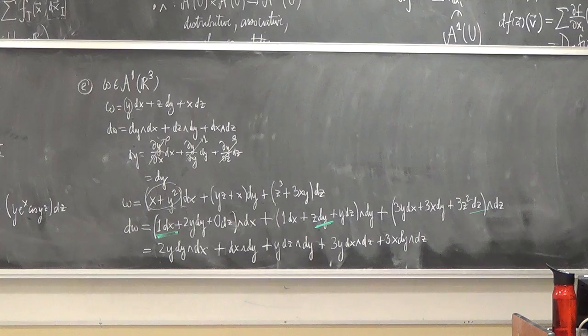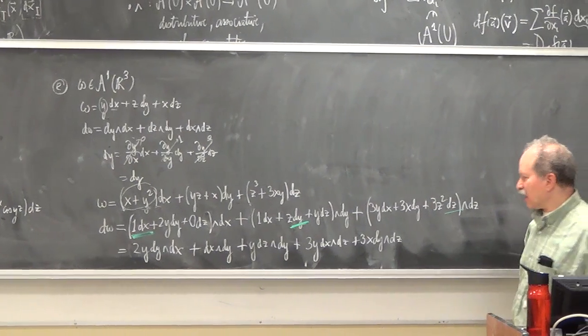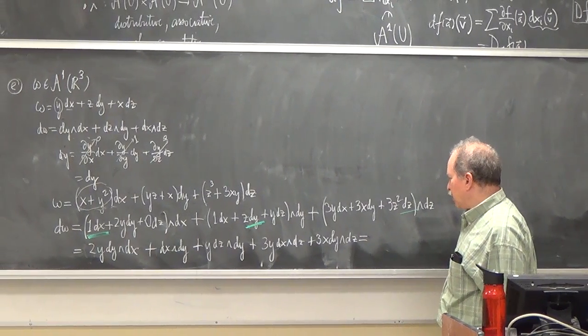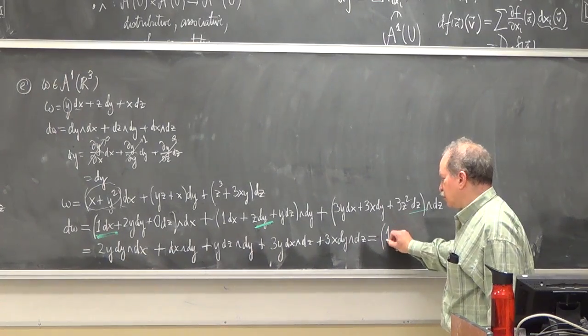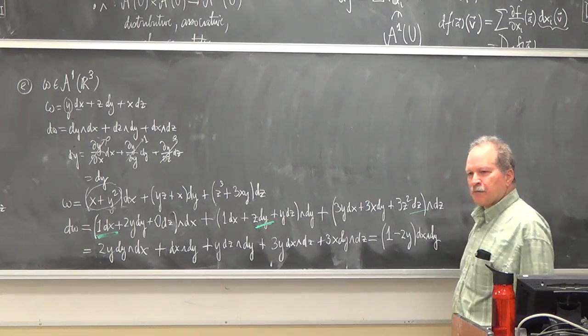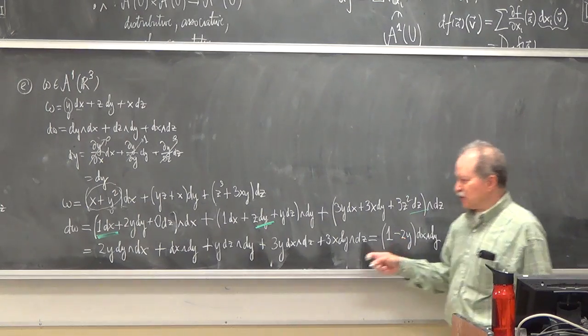And we probably could combine some of these. This is the answer, but we could simplify. How many dx wedge dy's do we have? 1 minus 2y, so (1 minus 2y) dx wedge dy. Why the minus? We switch the order here.